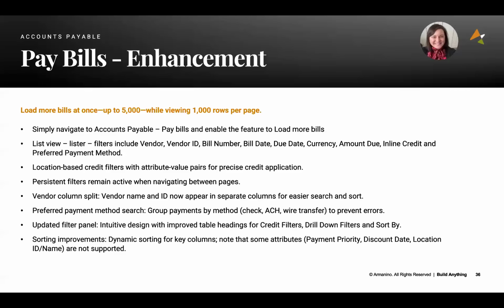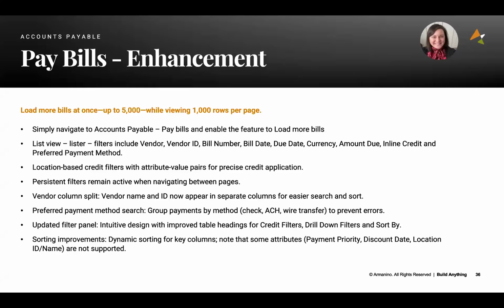Okay, so accounts payable. We have an enhancement to load more bills at once, up to 5,000, and you can then view 1,000 rows per page now. So you do need to navigate into accounts payable and to pay bills and enable that feature to then load more of those bills.